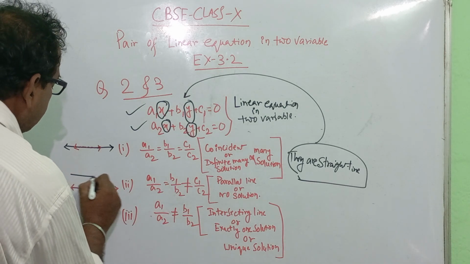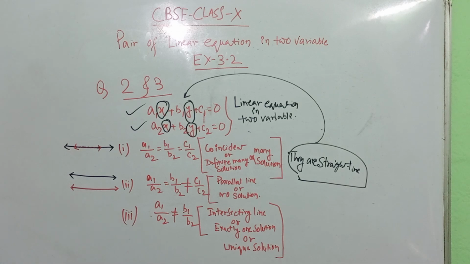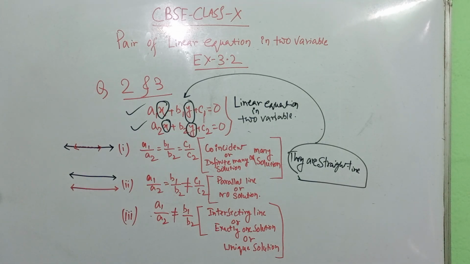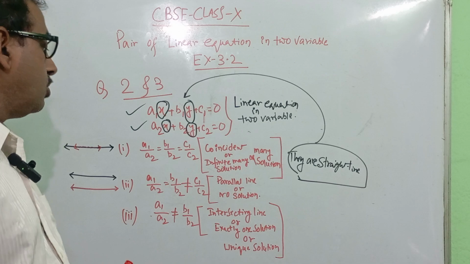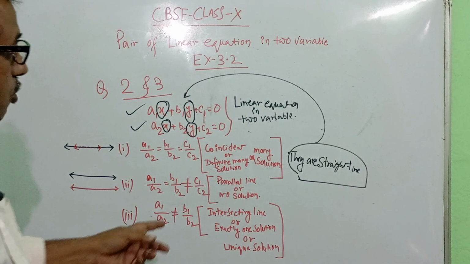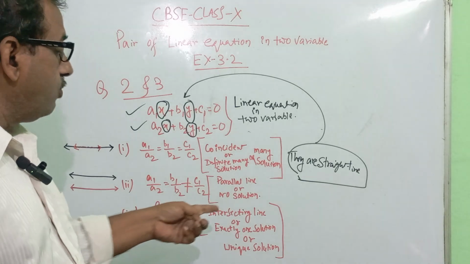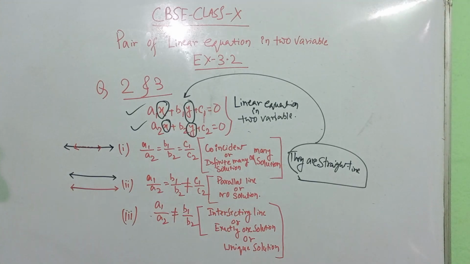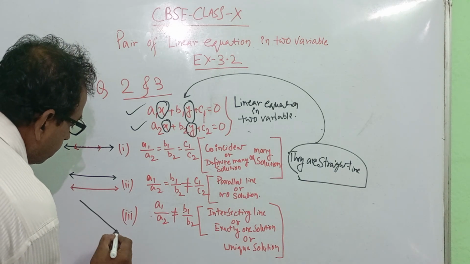Now one line is this, one line is this. ये दोनों तो मेरा हो गया. Now these two things happened. Now whatever may be the c, if a1 by a2 is not equal to b1 by b2, we call this intersecting lines, or exactly one solution, or unique solution.